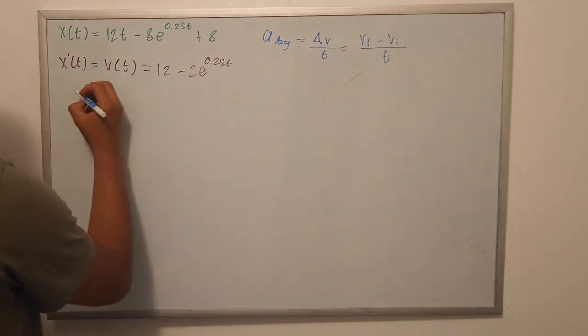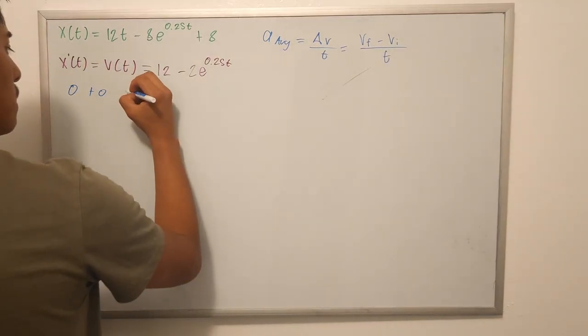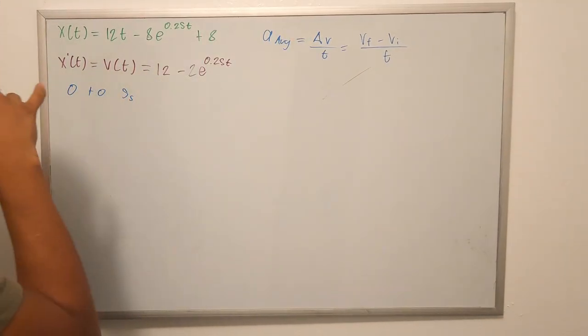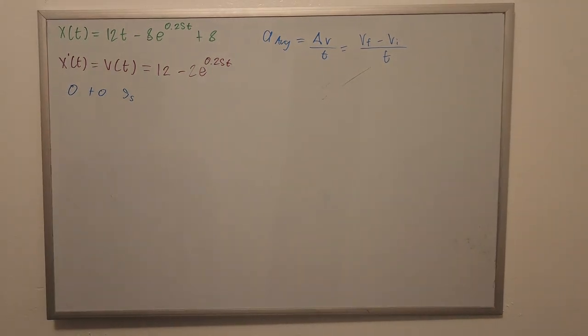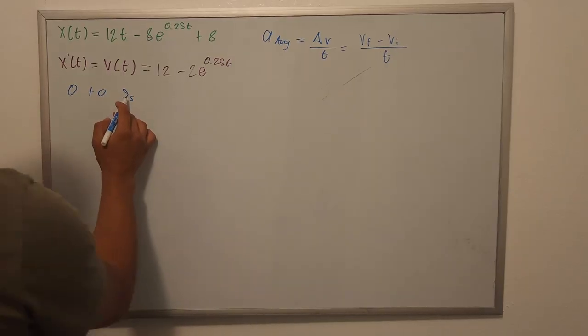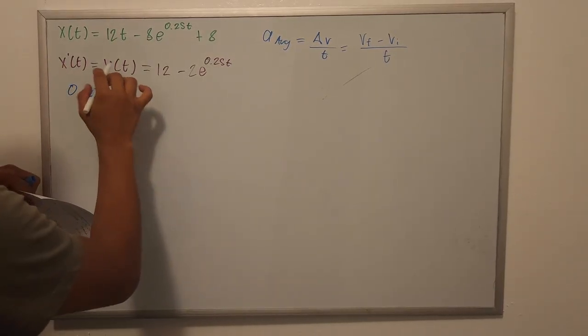And again, we're going from 0 to 5 seconds. So at 5 seconds is going to be our final velocity, and then at 0 seconds is going to be our initial velocity. So now we just plug these times into our velocity function.